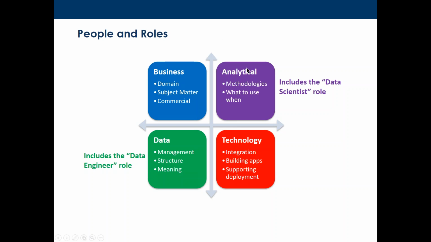And very often, the top right and the bottom left are overlapping in the sense that the analyst, or increasingly as they're known today, the data scientist, does a lot of the data work and has to have a lot of the data understanding. But again, often on larger projects, data is a role in itself, and you may have heard the term data engineer applied very much as a counterpart of the data scientist.